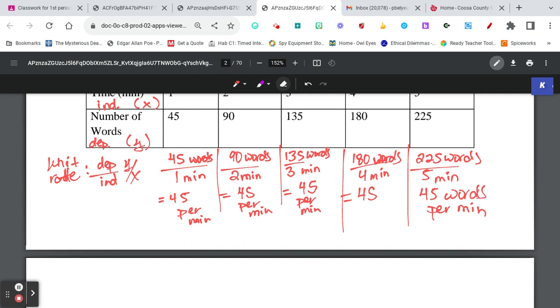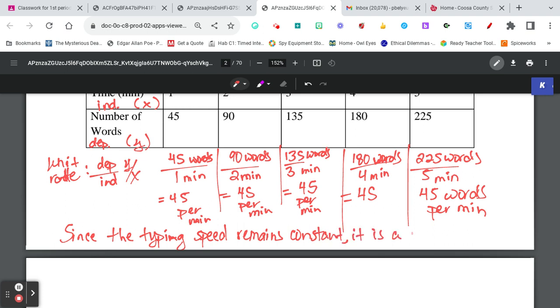I'm going to write: since the typing speed remains constant, it is a proportional relationship.